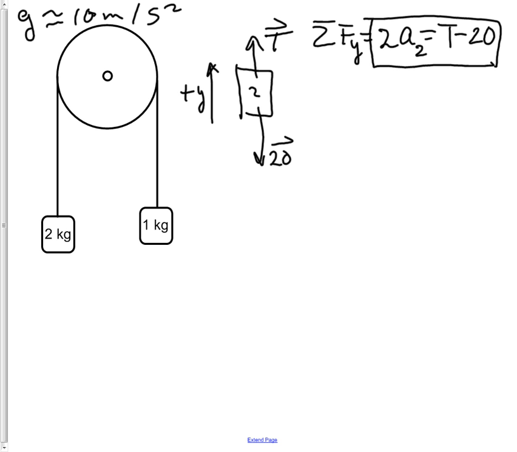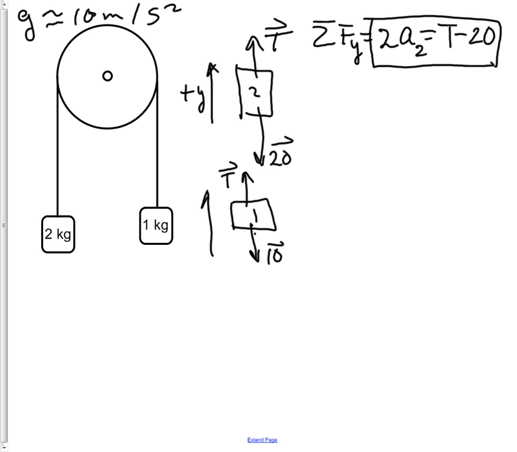What have we got? We have one equation with two unknowns, and so we need to choose another body. So I'll choose the 1 kilogram object. What are all the forces on it? There's its own weight, which is 10 newtons down. There is the tension in the string, T, which is up like this.